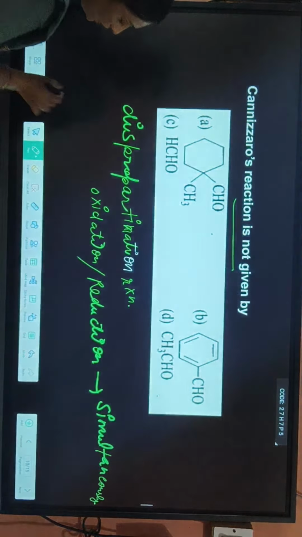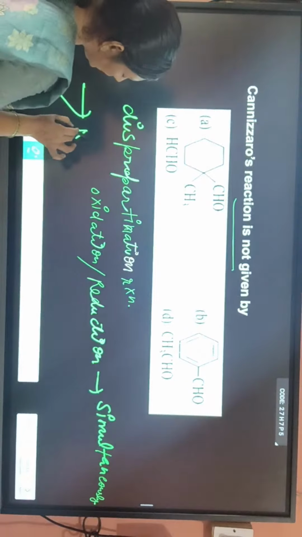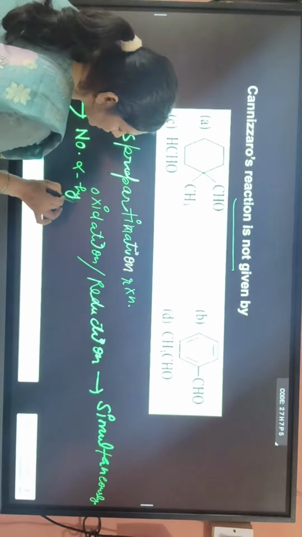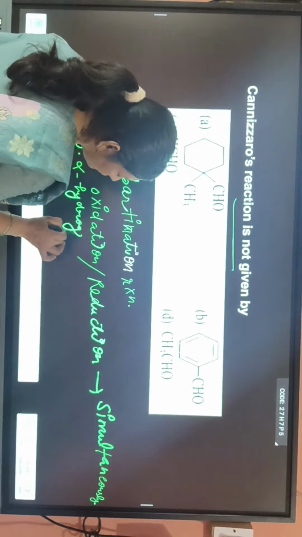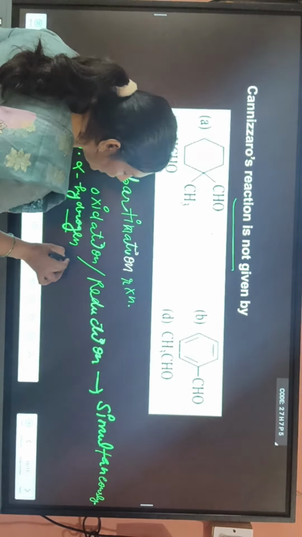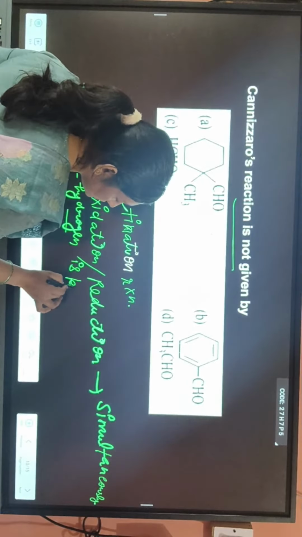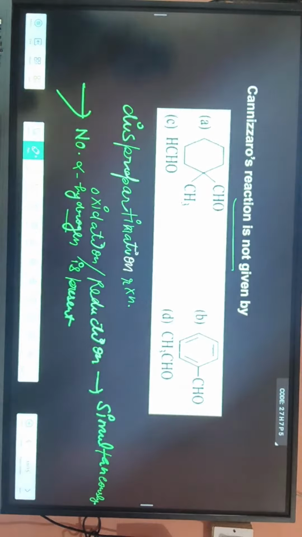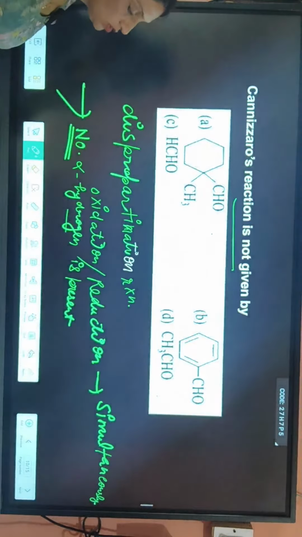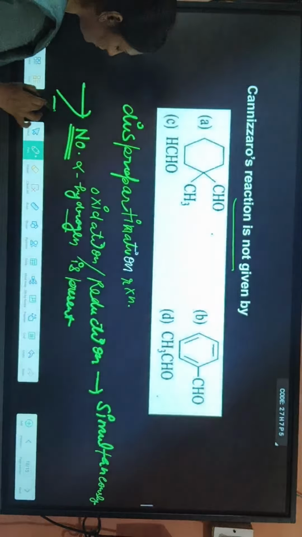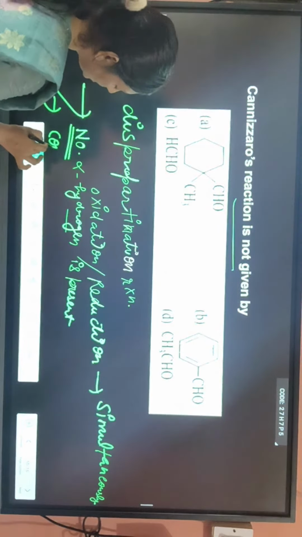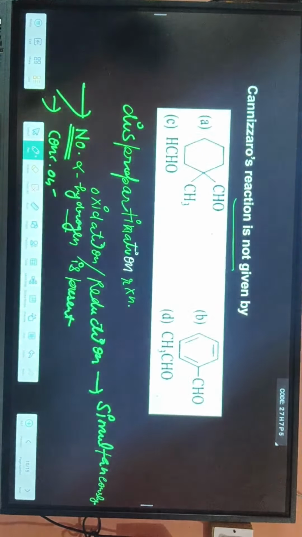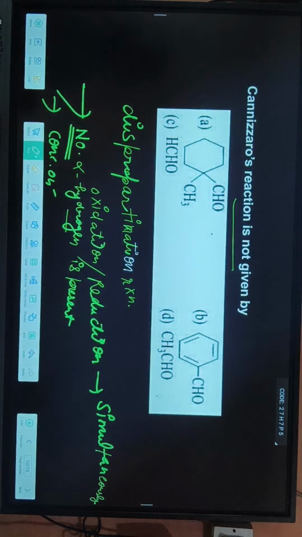One thing, this reaction will take place when no alpha hydrogen is present. Any carbonyl compound with no alpha hydrogen will give the Cannizzaro reaction. And this reaction takes place in the presence of a concentrated basic medium, concentrated NaOH or KOH.